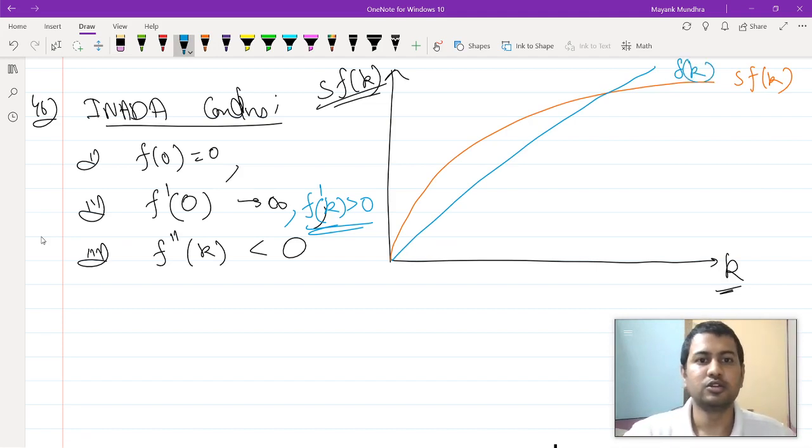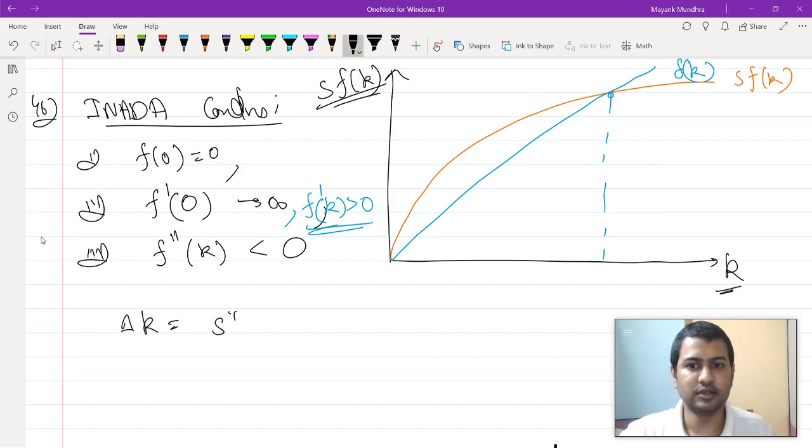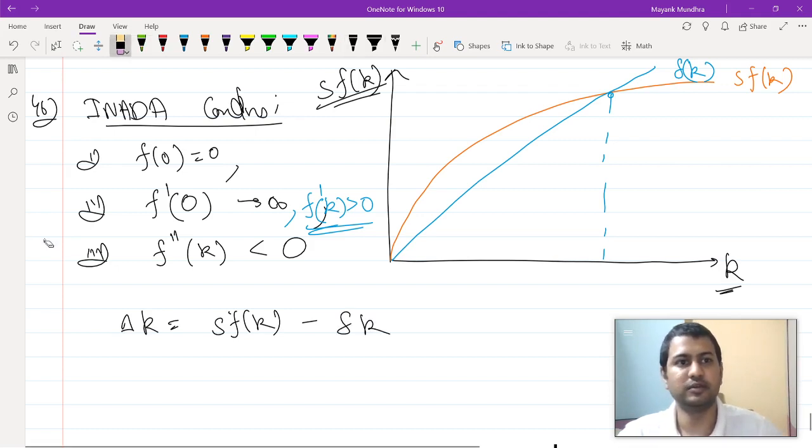So s f of k minus delta k looks like this. So the actual change in capital per labor is equal to s f of k minus delta k.